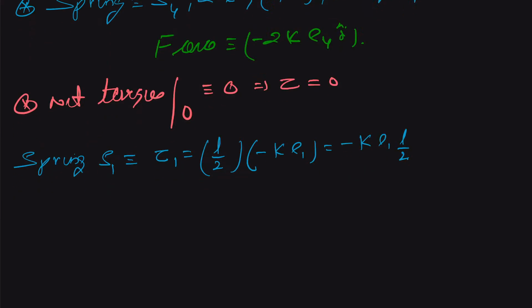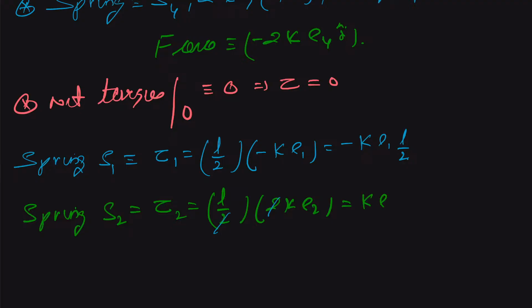Now we come to a spring S2. Let us suppose that is about tau 2, and tau 2 is still at the midpoint, so distance is our L by 2, but the force is our 2K E2, and here 2 and 2 cancels out, so this comes as our K E2 times L.